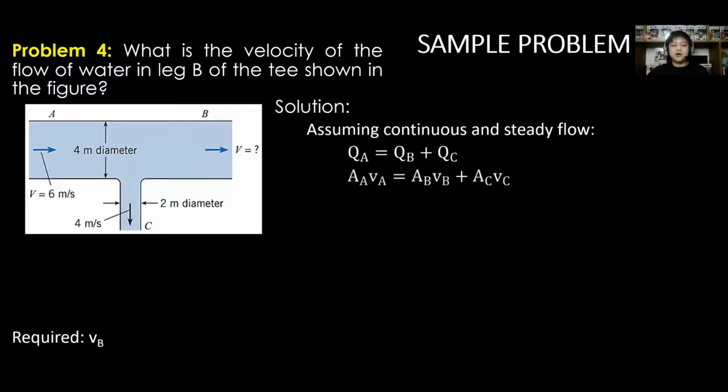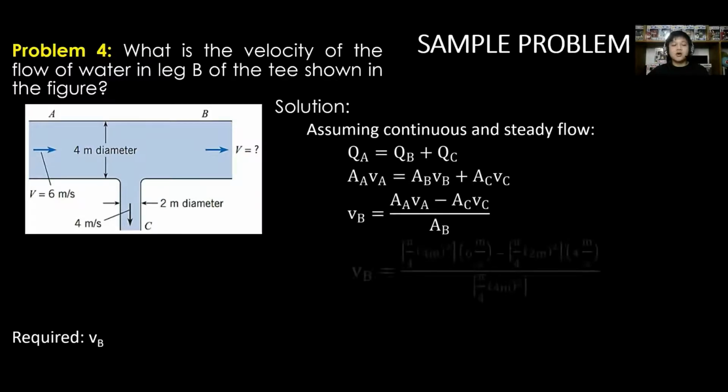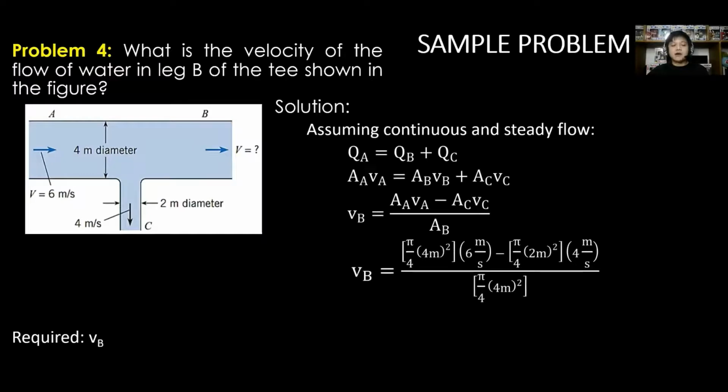Substitute the formula of Q, that is area times velocity, and rearrange. For A, the area is pi all over 4 times 4 meter raised to 2, the diameter, times the velocity that is 6 meters per second, minus for C, the area is pi all over 4 times the diameter 2 meters raised to 2, times velocity that is 4 meters per second.